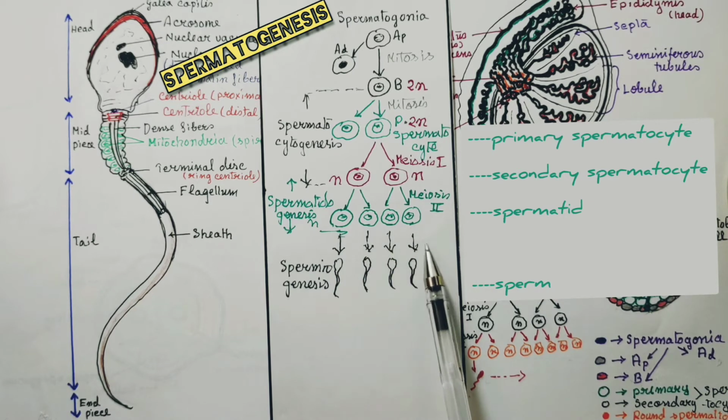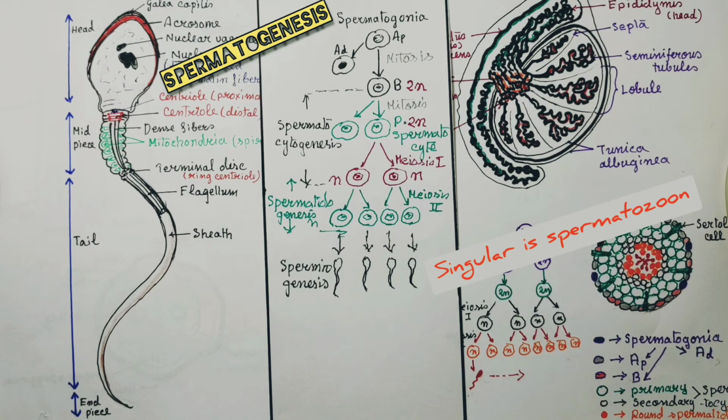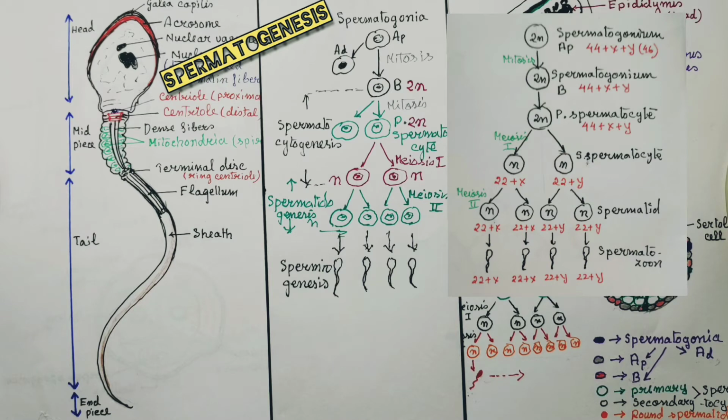All these organelles take part in forming the spermatozoon. The process of spermiogenesis can be divided into four parts. The first one is the Golgi phase. Second is the cap phase. Third is the tail phase. And the last one is the maturation phase.